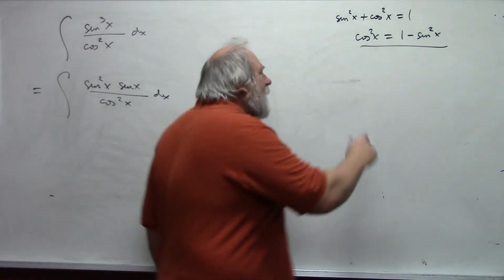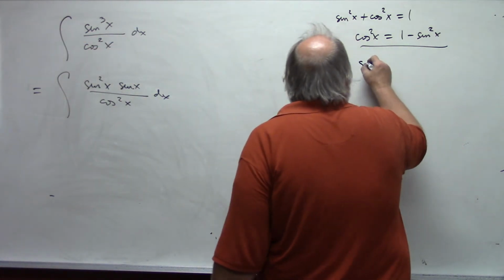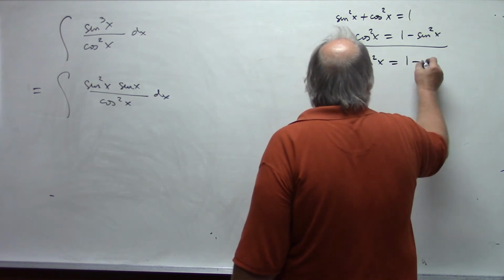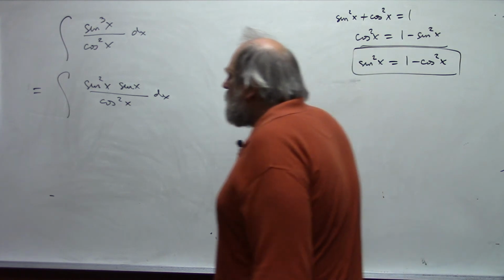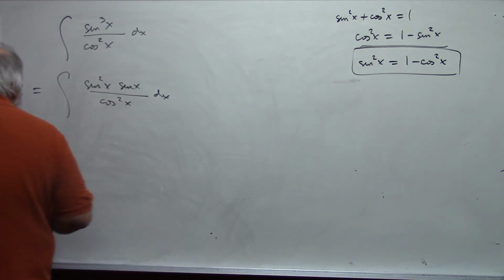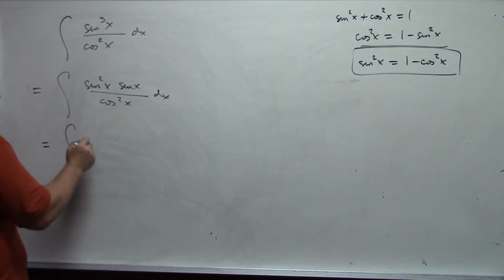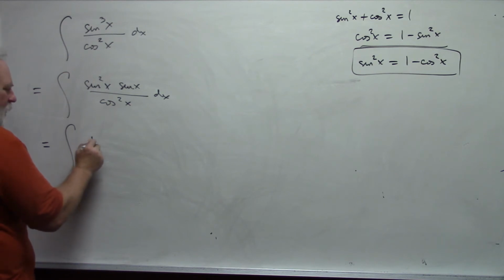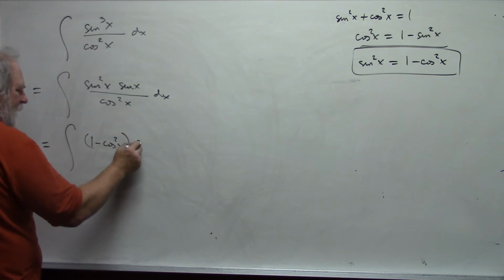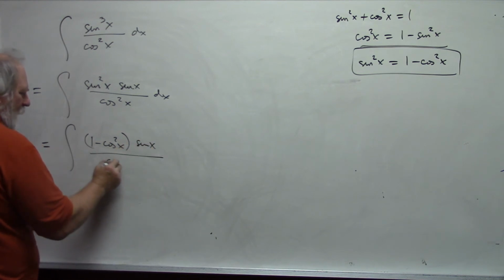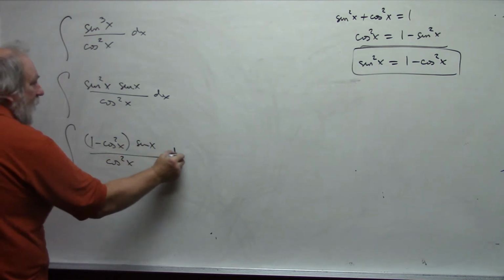Or, that's not what I want. Let's try this one. Sine squared of x is equal to 1 minus cosine squared of x. This is the one I need. And so I will write this as 1 minus cosine squared of x times sine of x over cosine squared of x.